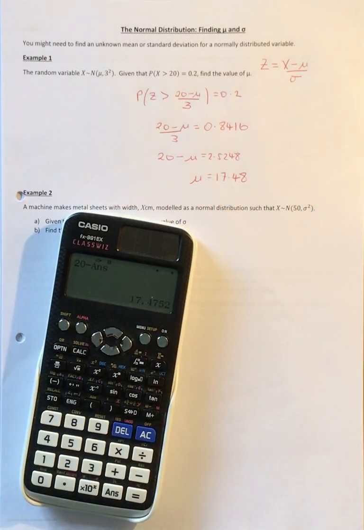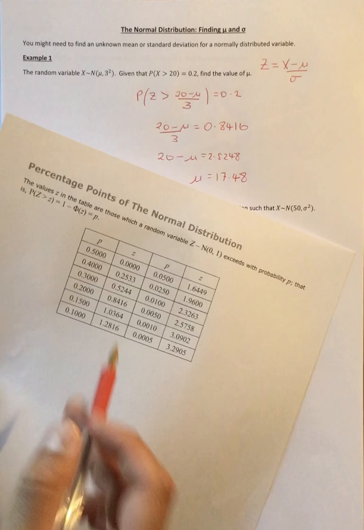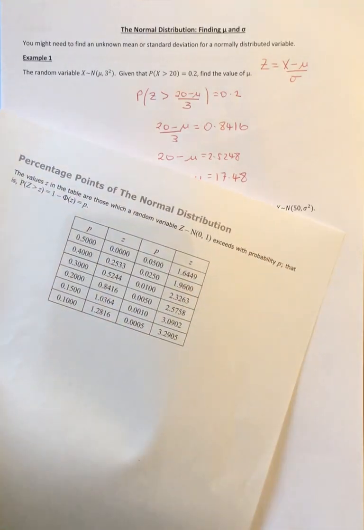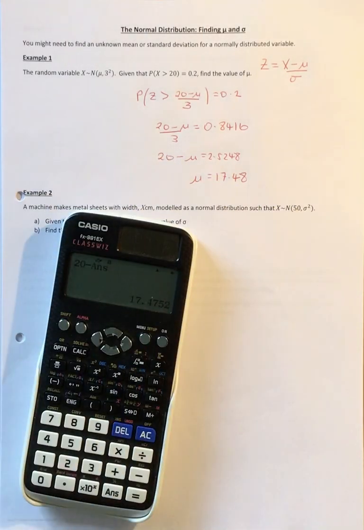So that gives me a value for our mean of 17.48 to 4 significant figures. We shouldn't work to any more than 4 significant figures, because we've only got 4 significant figures within our percentage points table.